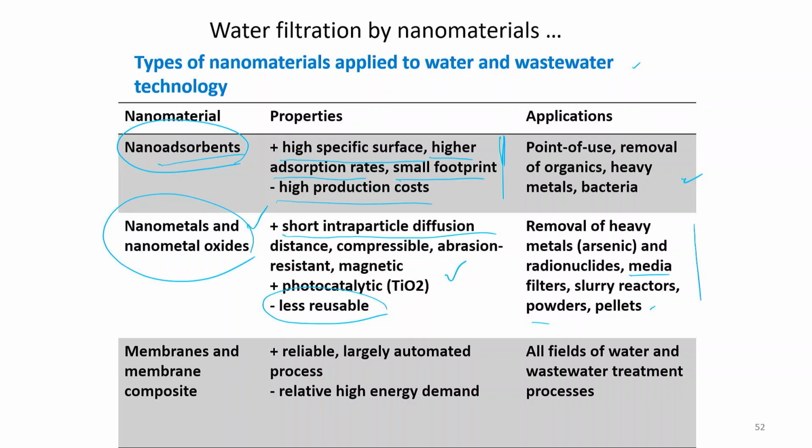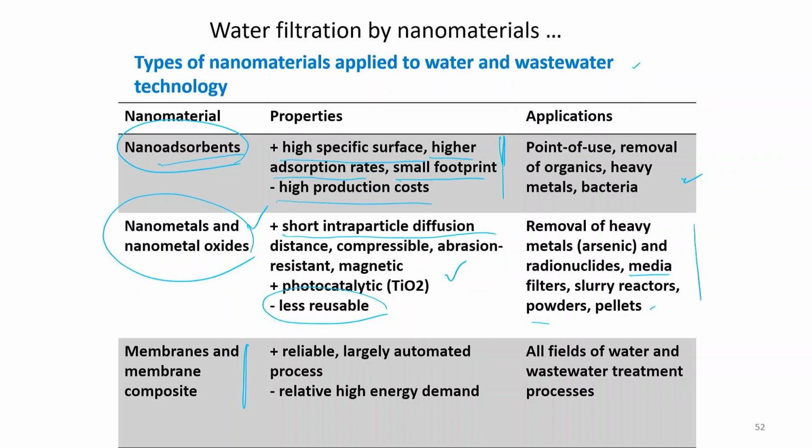And the third one is nano membranes and membrane composites, which we can make using nanomaterials. Membranes are reliable and a largely automated process, so we can produce the membranes.